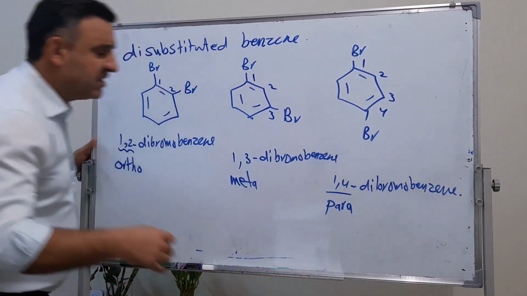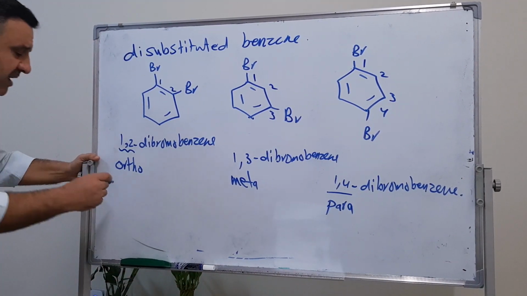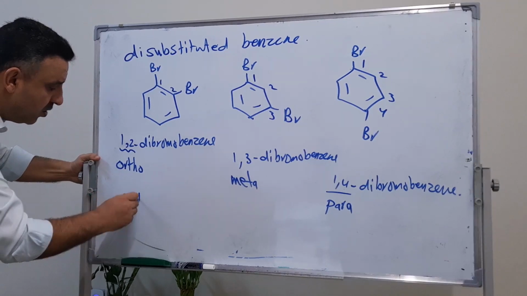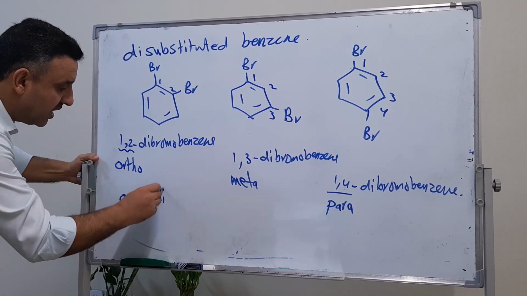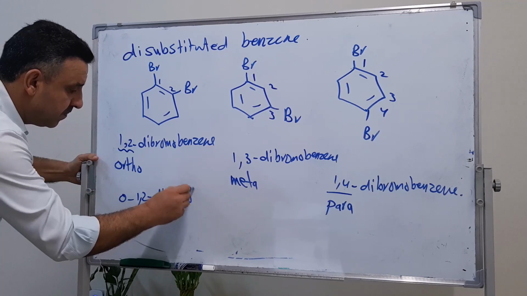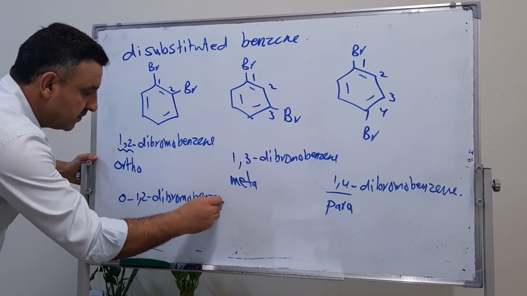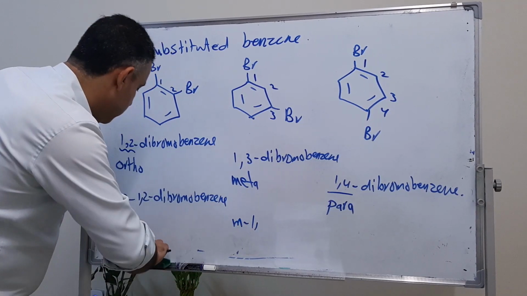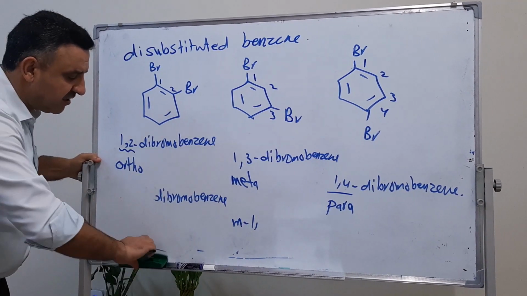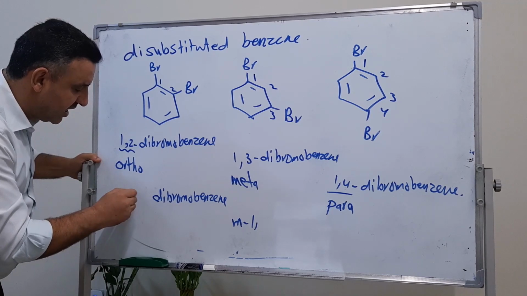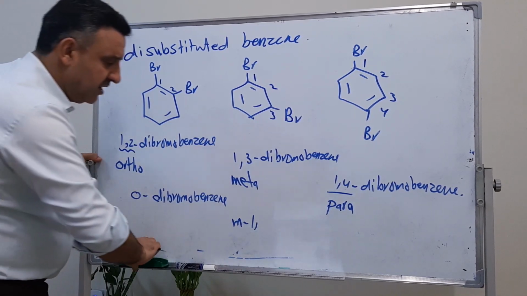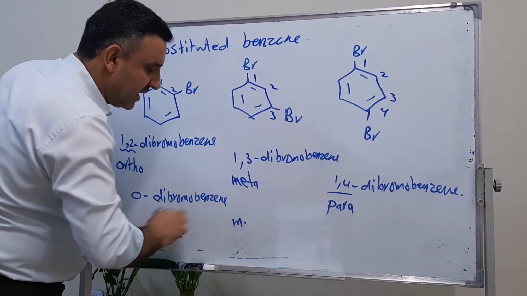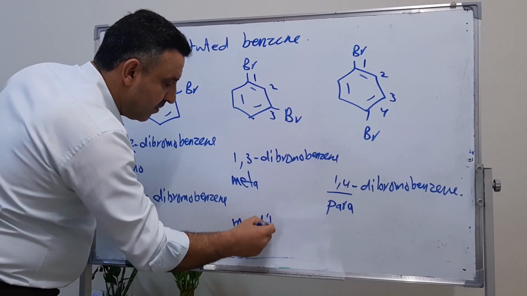And instead of writing meta, ortho, para, we may say simply O, 1, 2 dibromobenzene. Here, M, the first letter only. I'm so sorry. Instead of writing 1, 2, we just say ortho dibromobenzene. We just say here meta dibromobenzene.